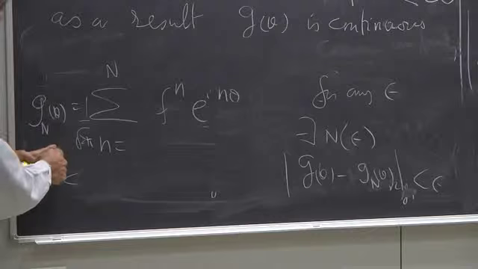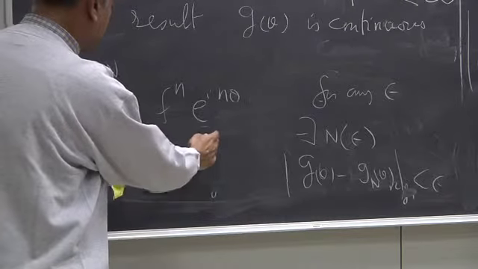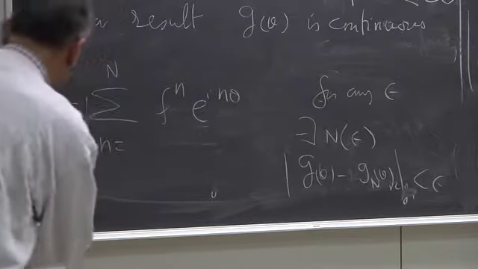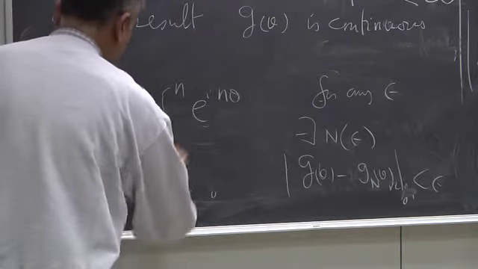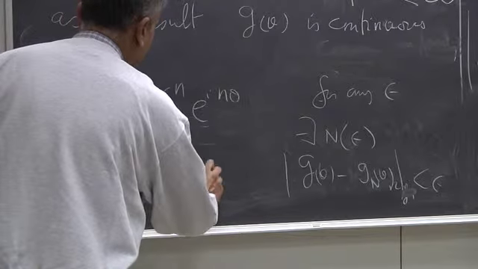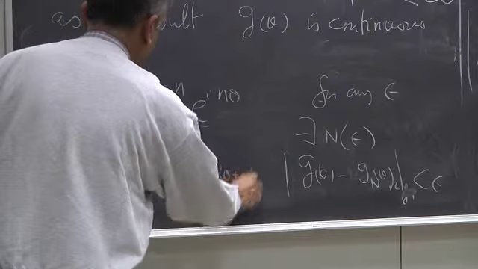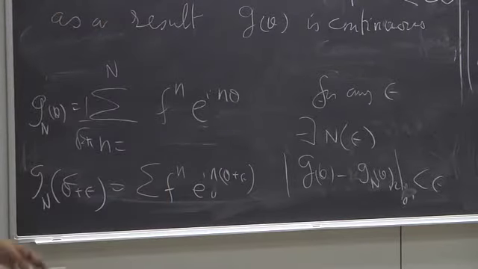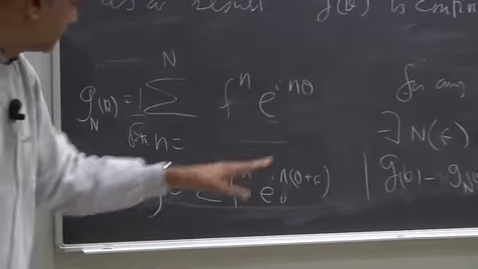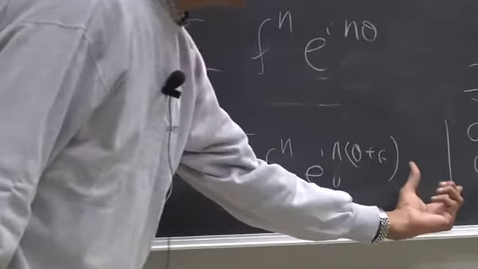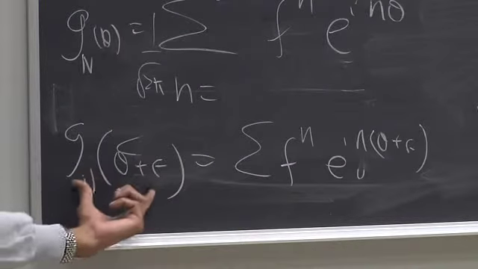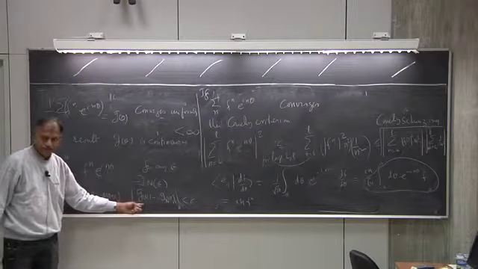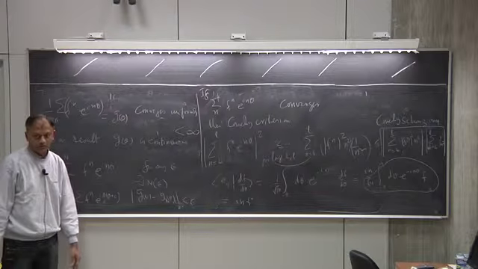Then again, you see the difference between g_N(theta plus epsilon), which will be this sum of f_n e^{in(theta plus epsilon)}, and once again, because of uniform convergence for the same capital N, the difference between this and the final g I can make arbitrarily small, right?